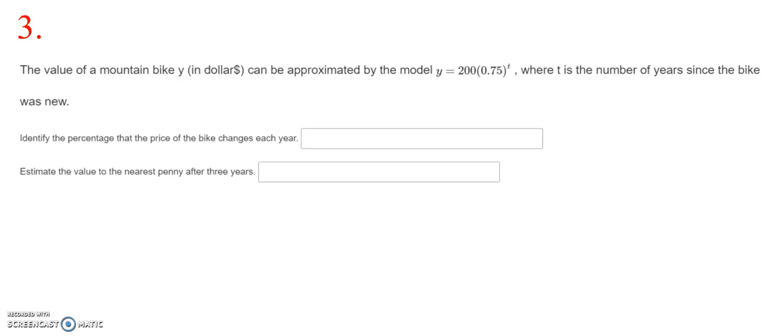All right, question 3. The value of a mountain bike in dollars can be approximated by the model y equals 200 times 0.75 to the t, where t is the number of years since the bike was new. Identify the percentage that the bike changes each year. Remember, the percentage is kind of hidden in the base. Our equation usually would be your amount is equal to p and then 1 plus or minus r, depending, right, to the t power.